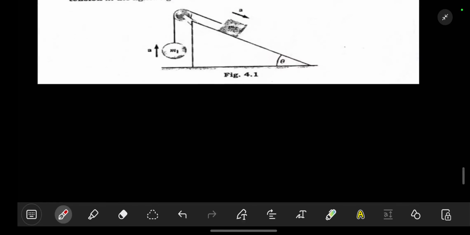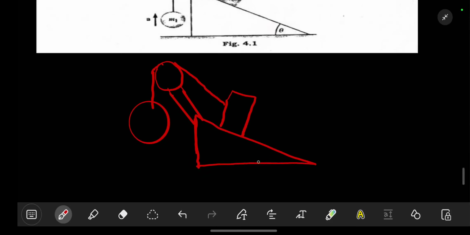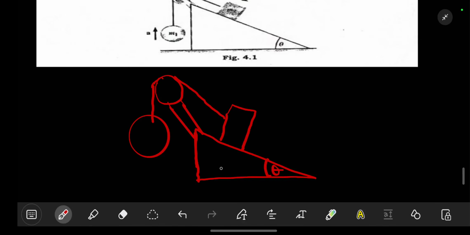So if we have something like this, then we are going to do this. Then we have the angle theta there.